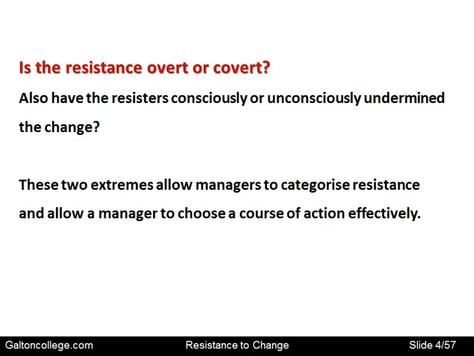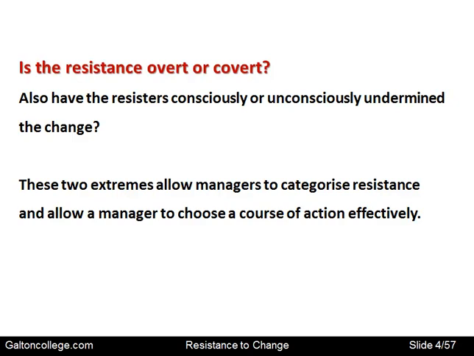These two extremes allow managers to categorize resistance and allow a manager to choose a course of action effectively. So the fact that we can identify different types of resistance to change or approaches to change means management can try to categorize what's likely to happen and develop policies to deal with it.